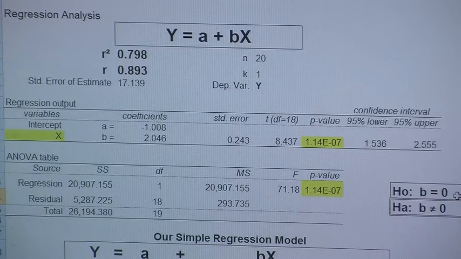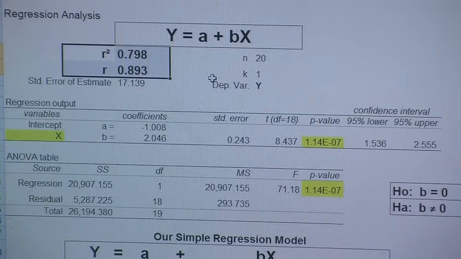Okay, given that we know that our independent variable x helps predict the dependent variable y, how good of a job does that do? When I say that, how good of a job does the independent variable do in predicting our dependent variable y? I'll direct your eye back up here and say, to answer that question, we look at these r and r squared values here.